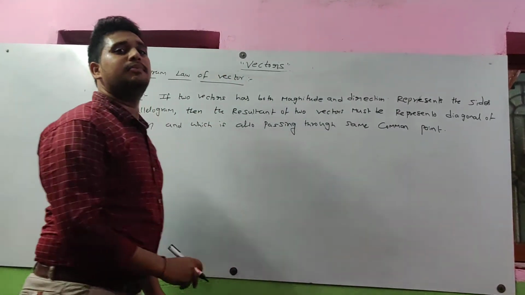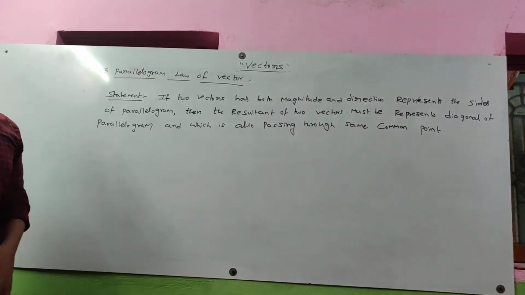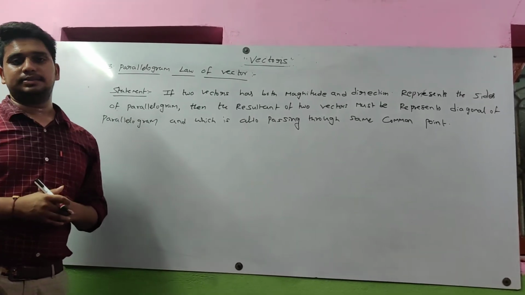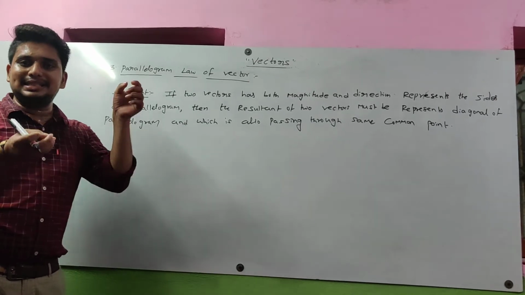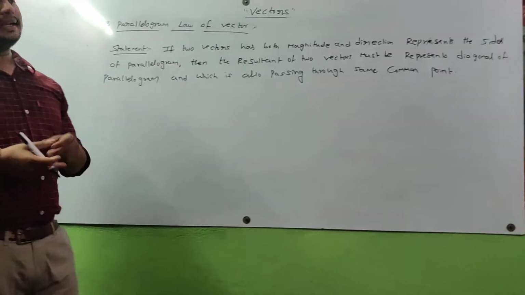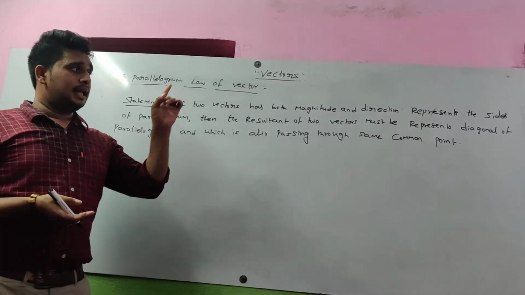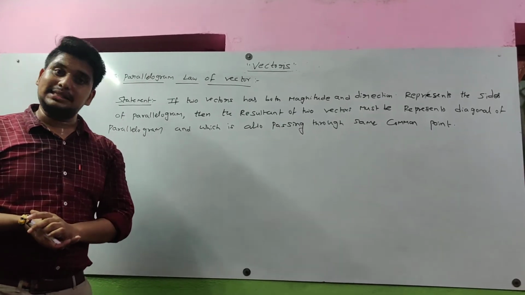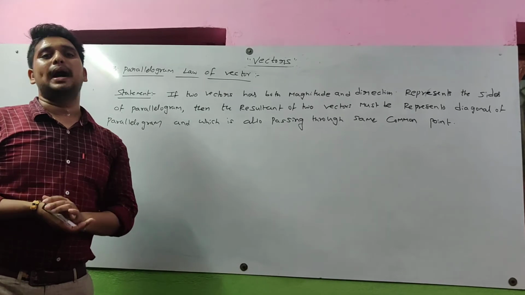So this is the statement of the parallelogram law of vector. What is the statement? If any two vectors represent the adjacent sides of a parallelogram, then the resultant of those two vectors must be the diagonal of that parallelogram.